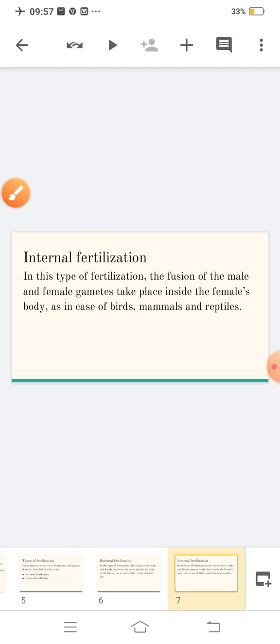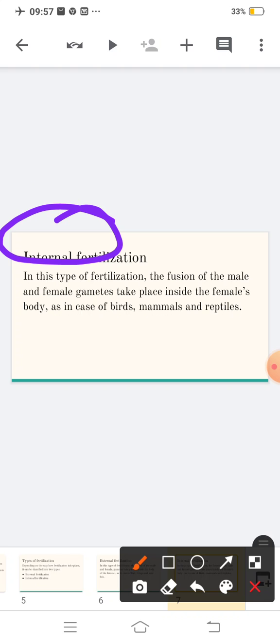Now, next is internal fertilization. Internal itself indicates inside the body. So, in this type of fertilization, the fusion of male and female gametes takes place inside the female's body. Examples are birds, mammals, reptiles and human beings also. Is this clear? In external fertilization, fertilization takes place outside the female body.